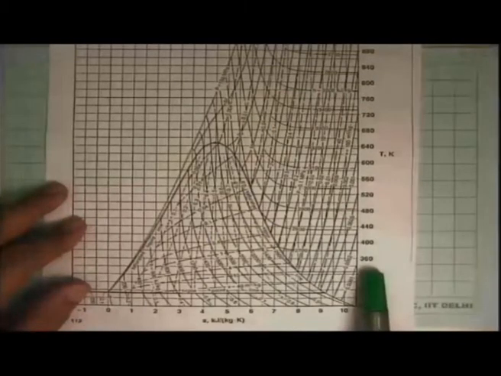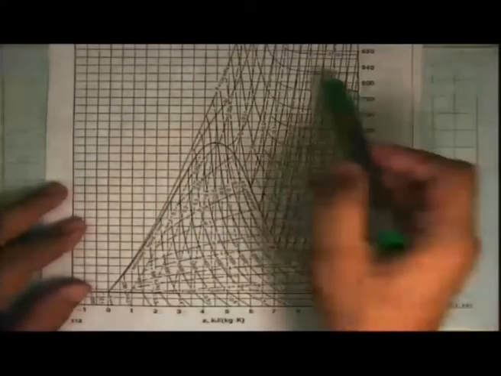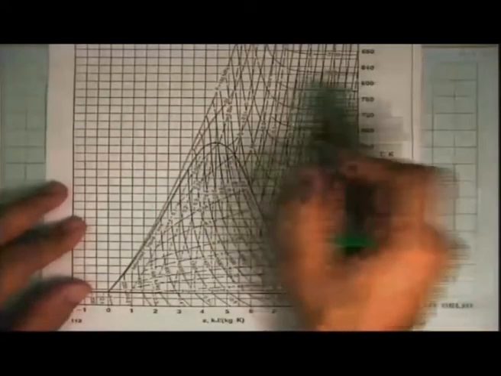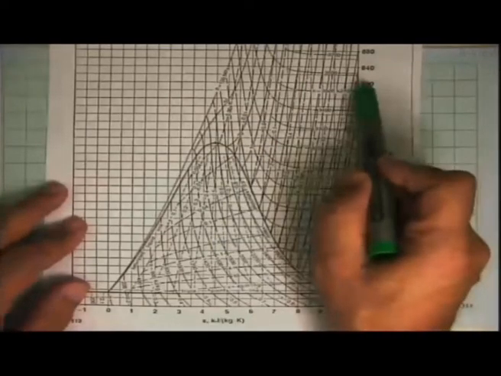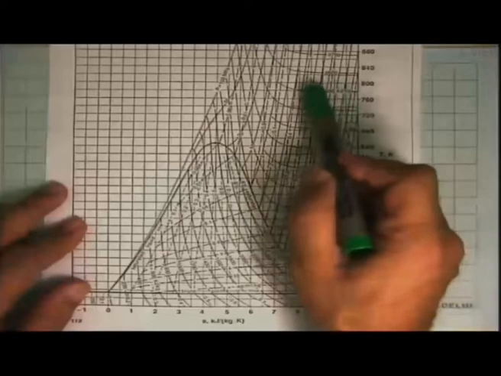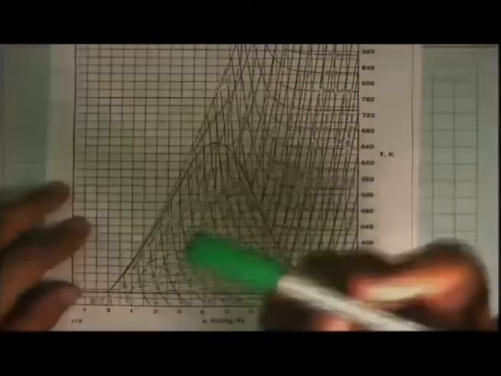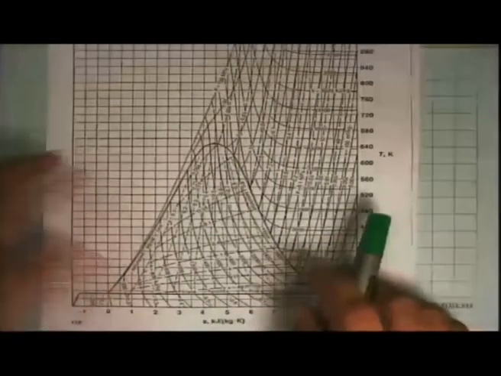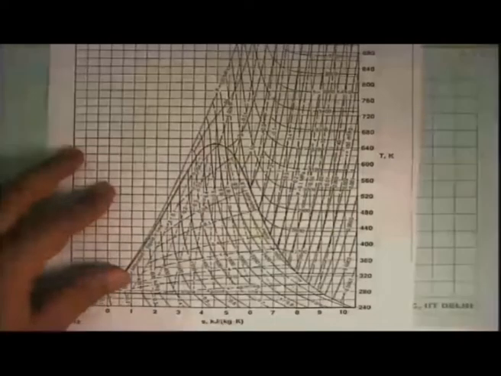And in a minute we will see why these H lines have become horizontal, which means that H is now 3500 at this particular temperature. So if you pick up any pressure, that doesn't matter, specific enthalpy is the same. It is independent of the pressure, and that's what we will see, that this is what ideal gas behavior actually begins to look like.